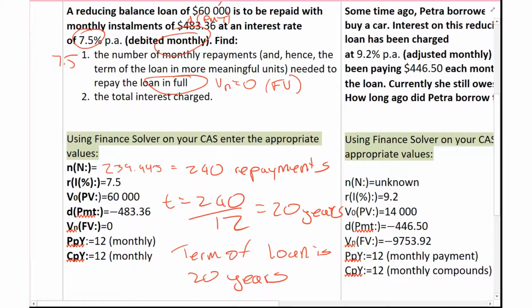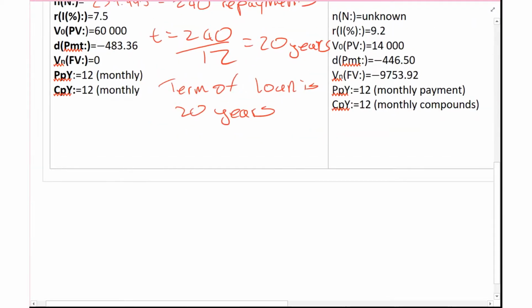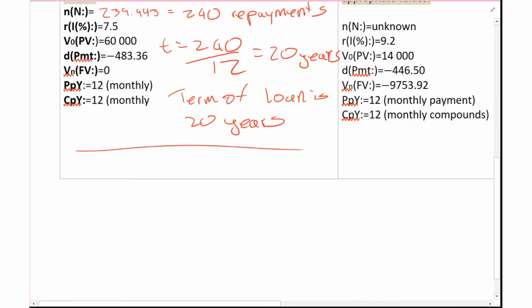Part 2, total interest charged. So total interest equals total repayments minus principal repaid.